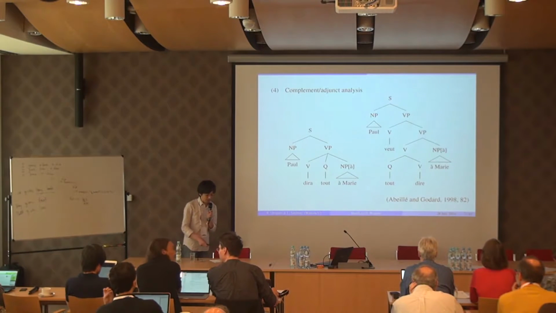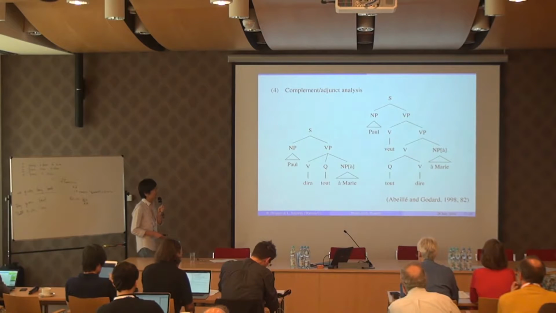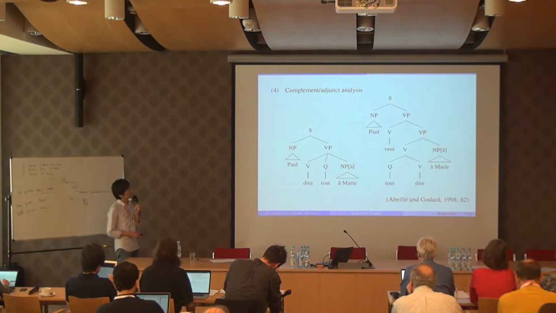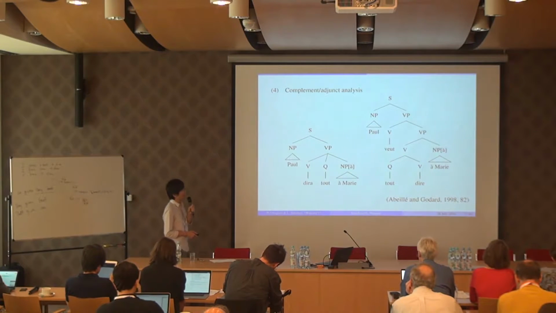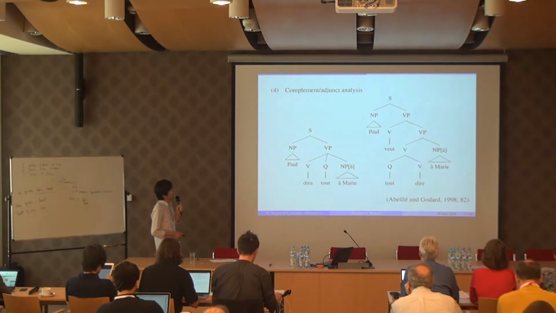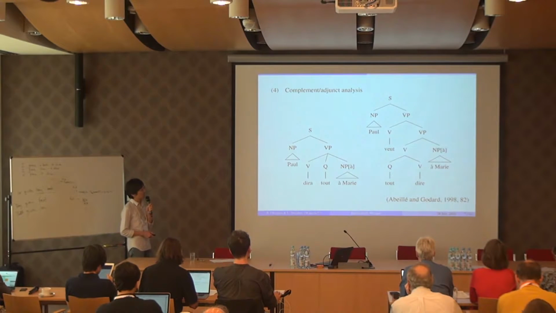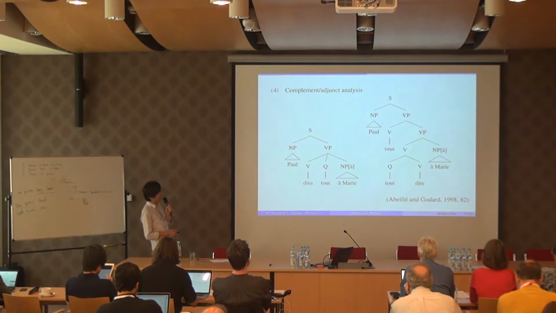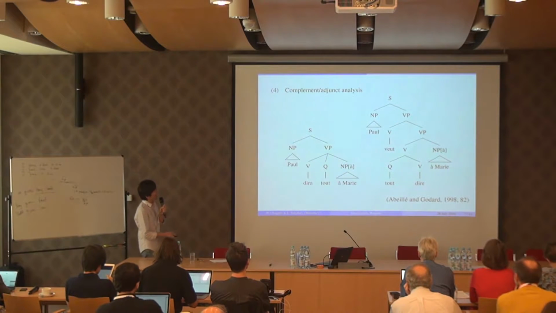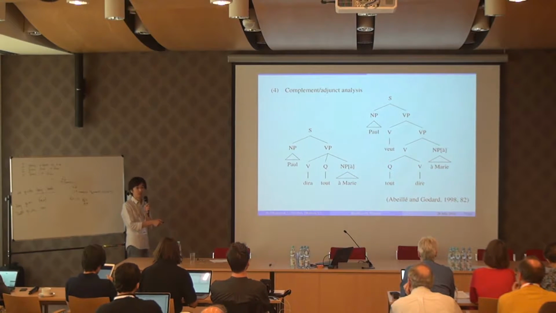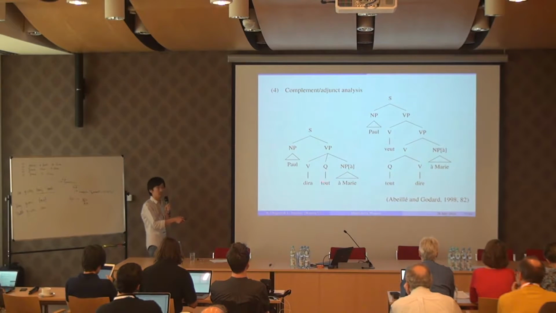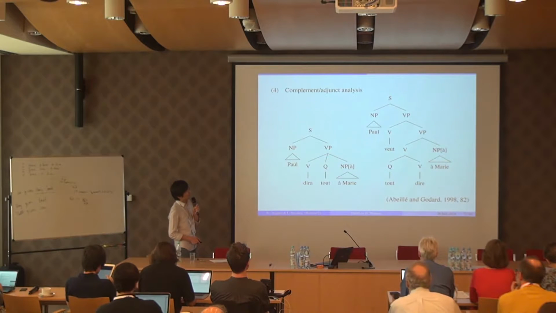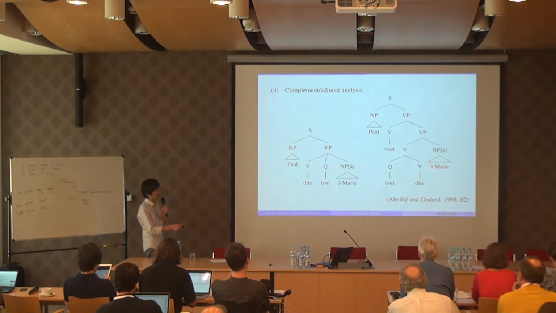The third type is a proposal specifically for French quantifiers by Abeillé and Godard. They divide the quantifiers into two types. The first one is a post-verbal quantifier, which is a complement of the verb. So we get the verb, quantifier, and object noun all under the VP node. Whereas the pre-verbal quantifier is treated as a sort of X0 adjunction.